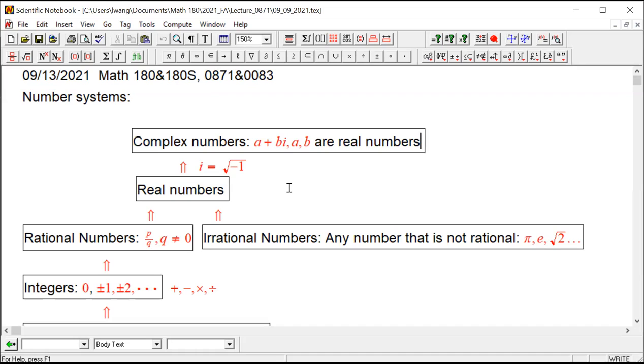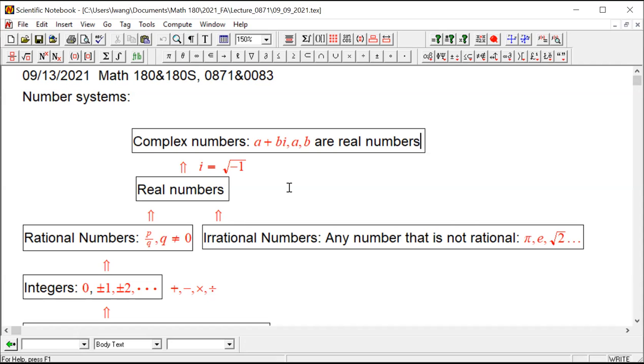Do you guys follow me? Yeah, you got it? So this is our number system. So when you look at the number line, you need to think of the number line as everywhere dense. Every number you can think of, you can find a place and more. Between any two different numbers, there are infinite numbers. That's how the number line is.